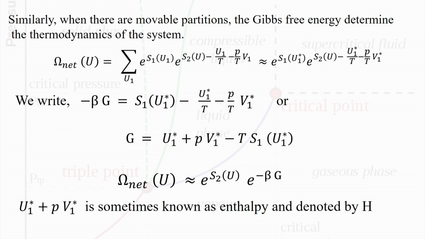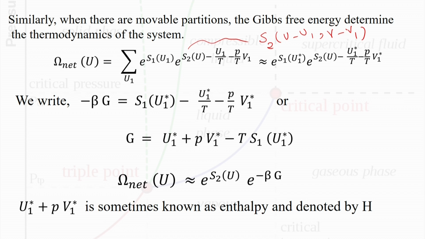When I do that, I can do something similar to what I was doing earlier, namely this is the system. Rather, this is a reservoir, and the reservoir entropy is now a function of U2, and recall that U2 is nothing but the total energy U, which is fixed, minus the energy of the system, which is U1, which fluctuates.